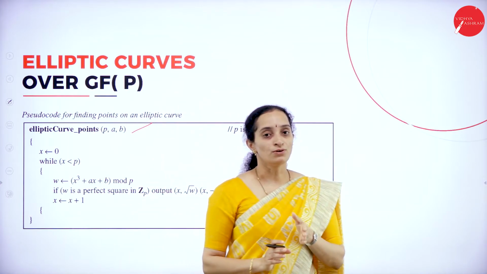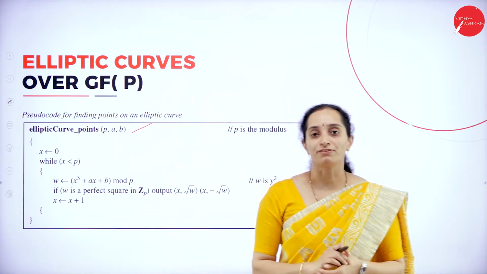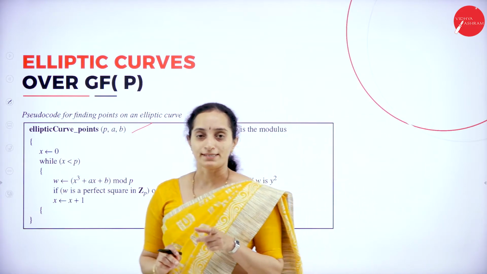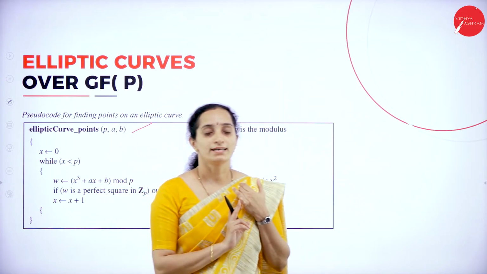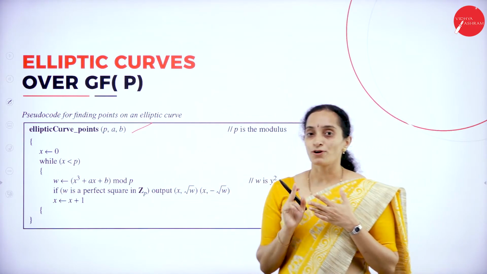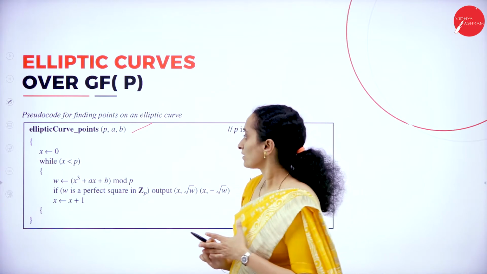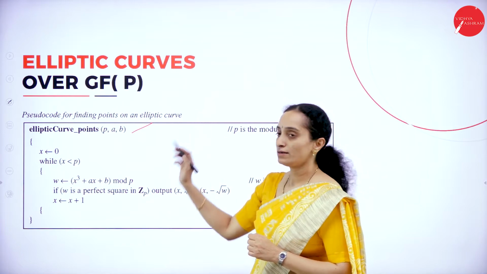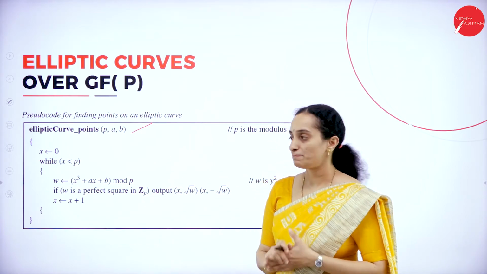Okay. As we know, asymmetric key cryptography deals with numbers rather than alphabets. In numbers, we are dealing with the real numbers, primes, and 2 to the power of n numbers. Okay. So we have the points to be found on the elliptic curve.